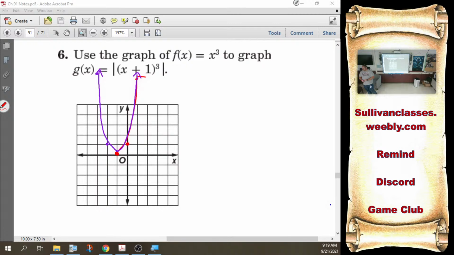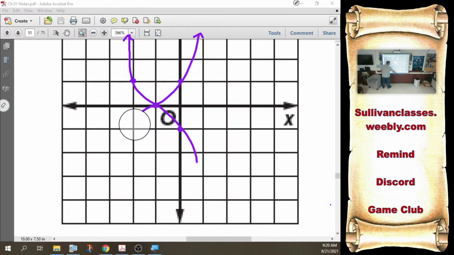No. If I zoom in on that, this cubic, if I have a cubic going this way, and I have a cubic going this way, you get this little point at the bottom.